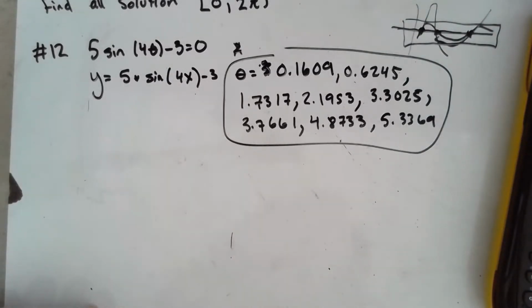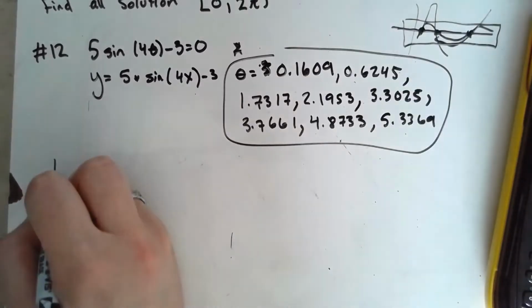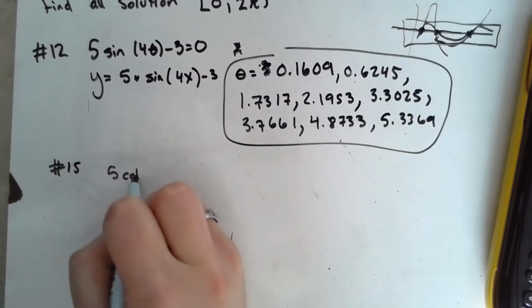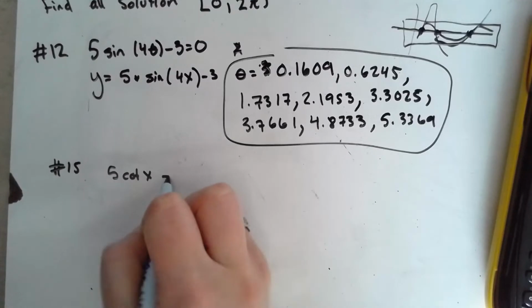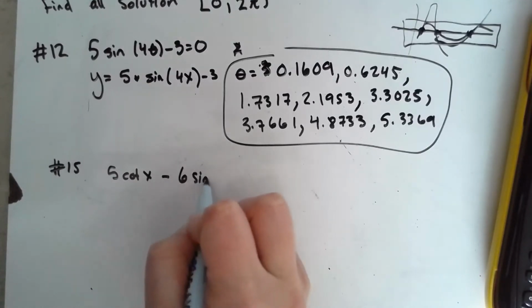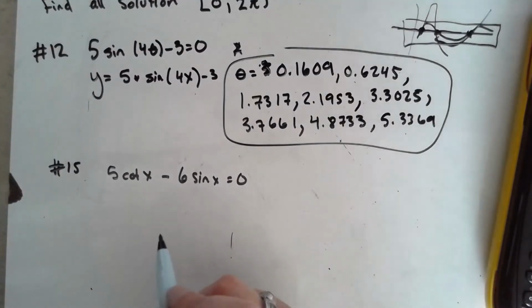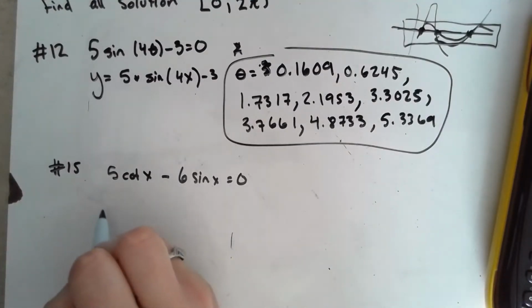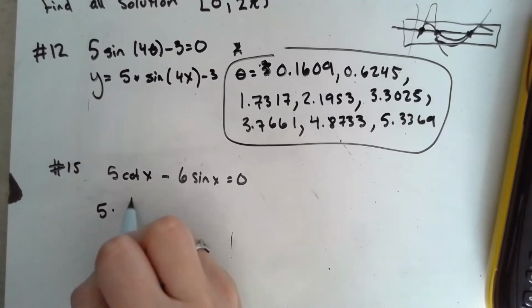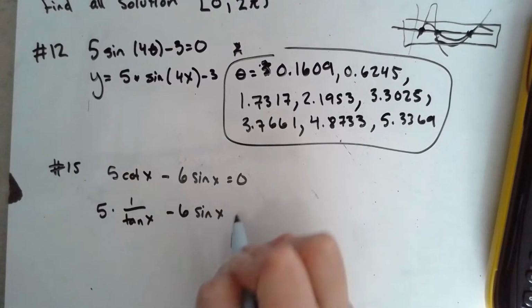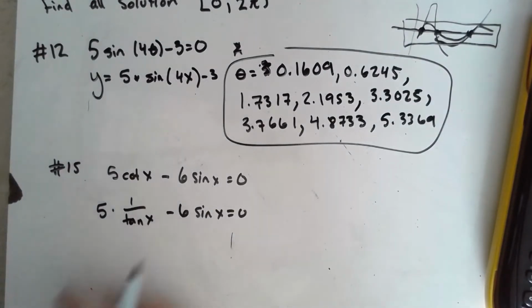I just want to look up how you would set up number, let's say, maybe 15 in your calculator. Okay, so you have 5 cotangent x minus 6 sine x equals 0. Cotangent we know is 5 times 1 over tangent x minus 6 sine x equals 0. You could do one of two things.